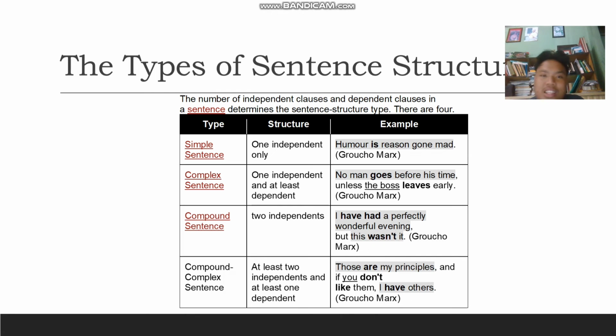This rule does not apply only to and; it applies to any coordinating conjunction. Put another way, the rule is to use a comma before a conjunction that joins the independent clauses in a compound sentence.